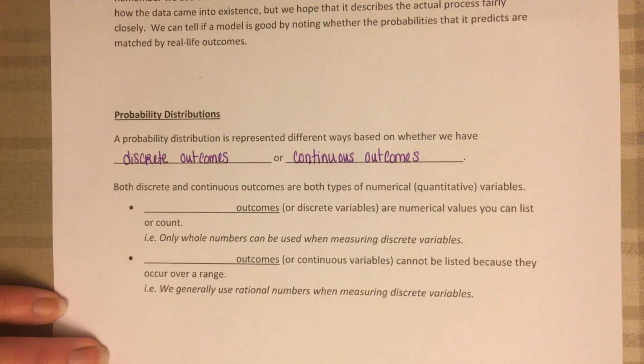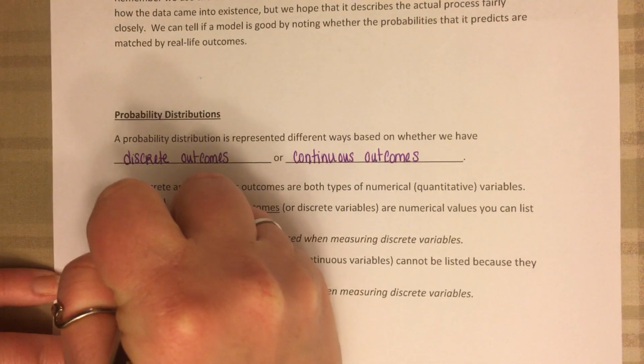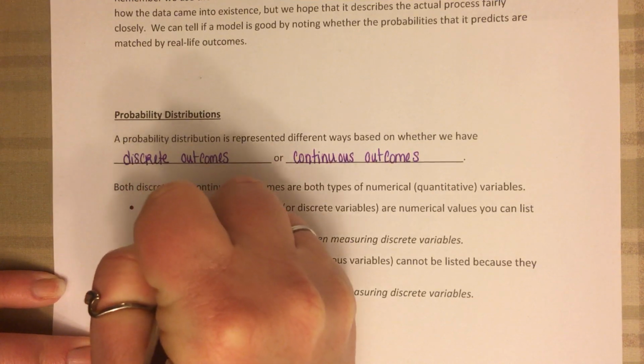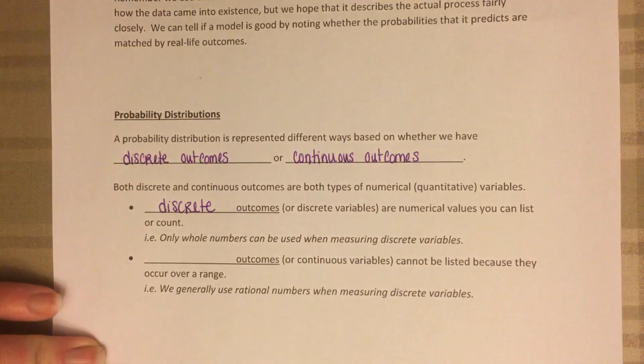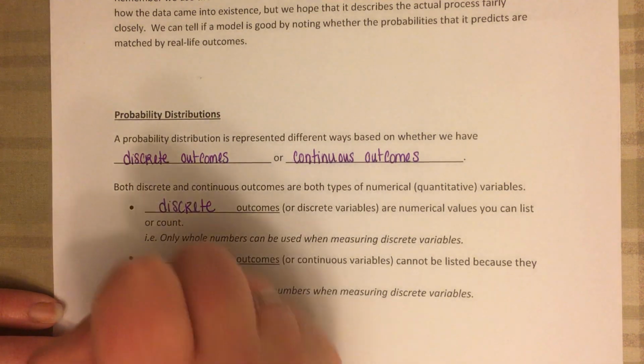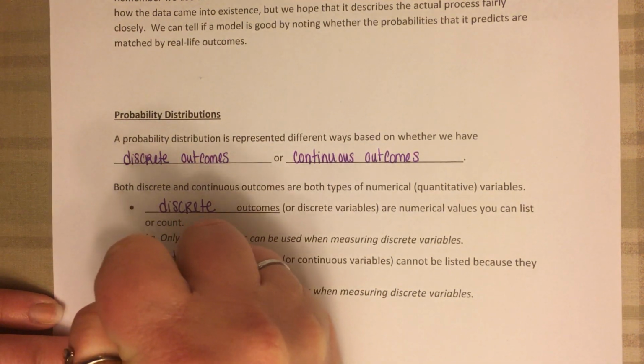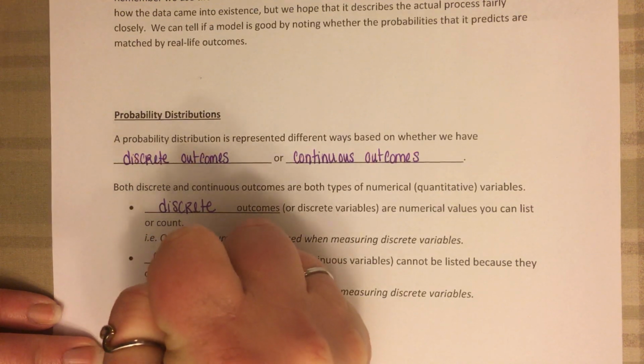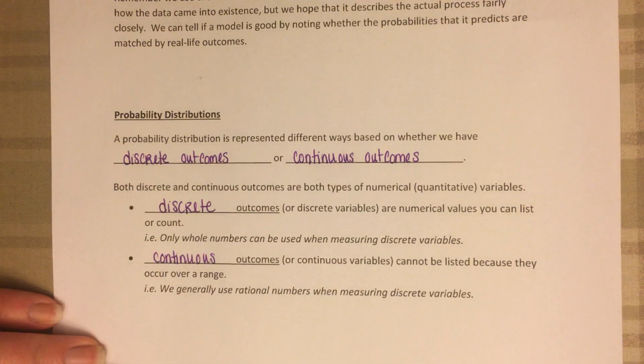Now the big difference is what types of numbers we have. Our discrete outcomes, or discrete variables, are numerical values that we can list or count. So the big thing when we're thinking about discrete variables is that we can only use whole numbers. Continuous outcomes or continuous variables cannot be listed because they occur over a range.